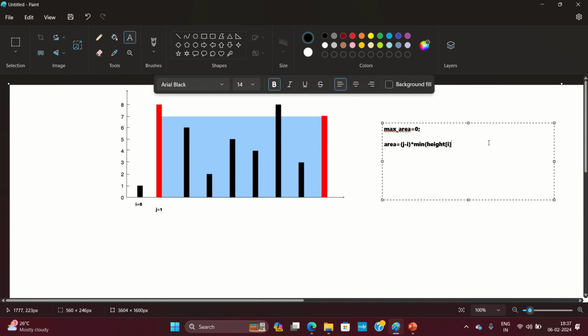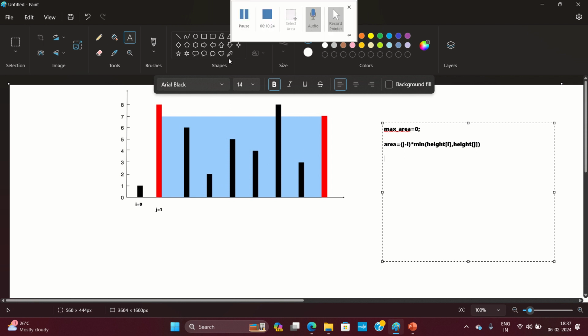Because if this area is greater than the previous max area, then max area will be assigned with this value of this area variable. Consequently we will be reaching the maximum area.